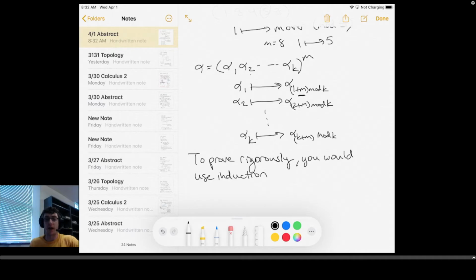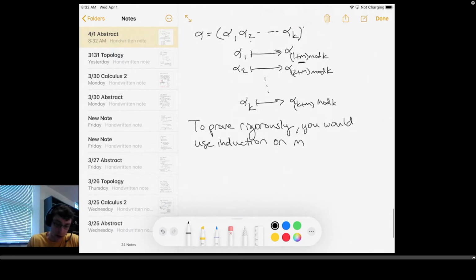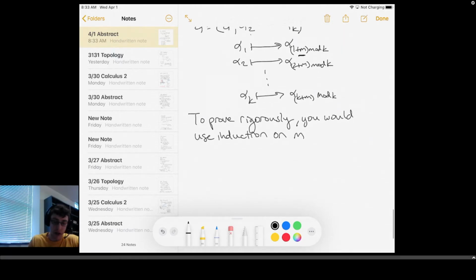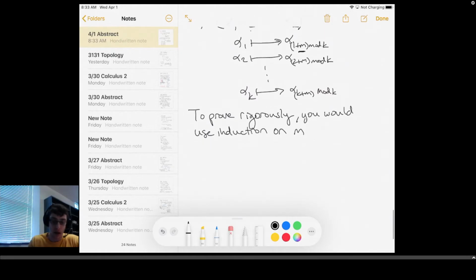And the fact that every time you multiply, you push it over 1 is exactly why you get up here. So that naturally lends itself toward induction on m.